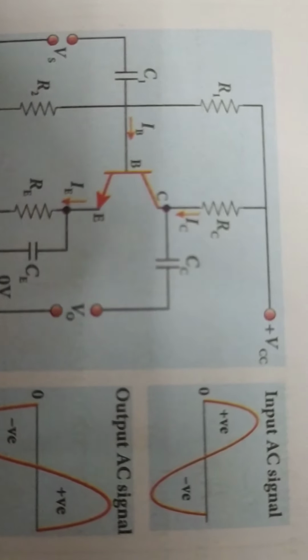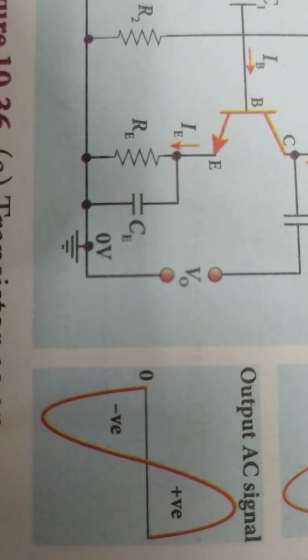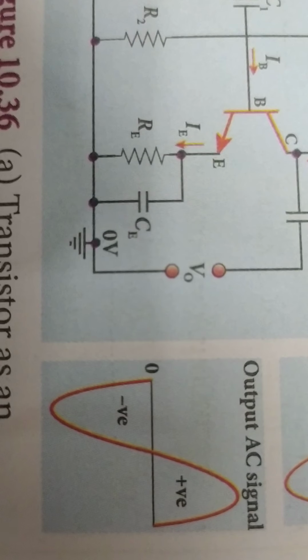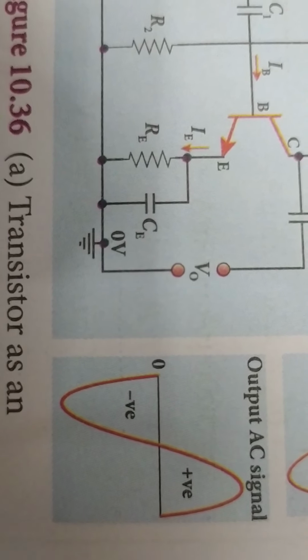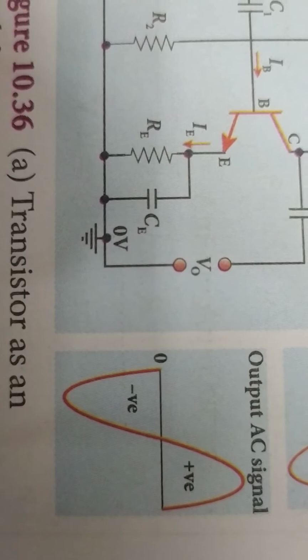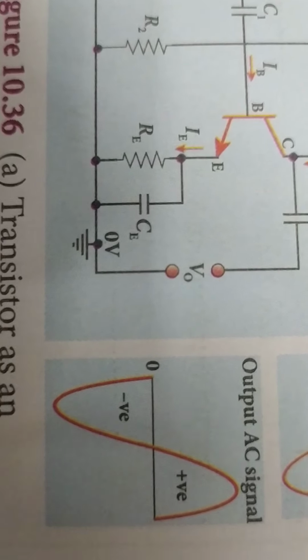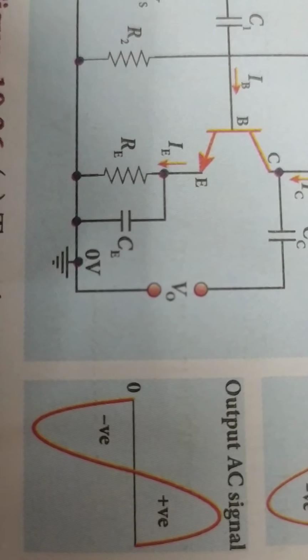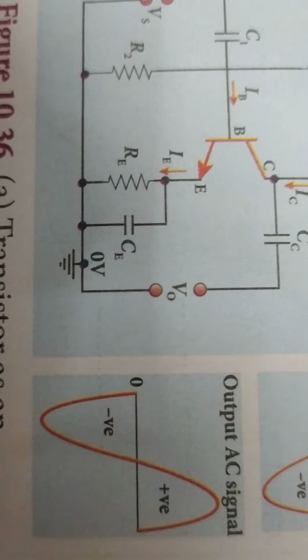RC is a collector resistor, and here RE and CE, where CE will allow a low reactance path to the amplified signal, that is, the amplified signal will pass through RE very easily if you connect CE across RE, and VO is the output voltage.